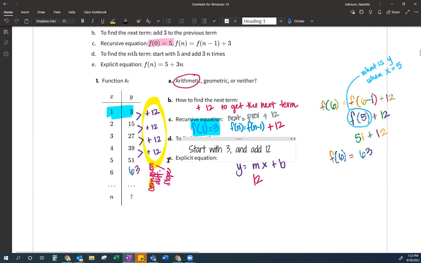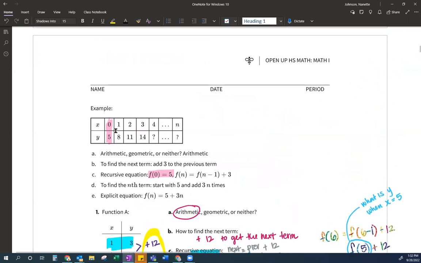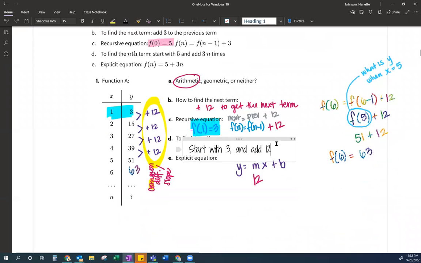Does that make sense? So if I look at this pattern here, do you see me adding 3? To get to 1, I added 3 1 time. To get to 2, I added 3 2 times. So that's why it's 3n. Add 3 n times. Here, we're going to add 12.